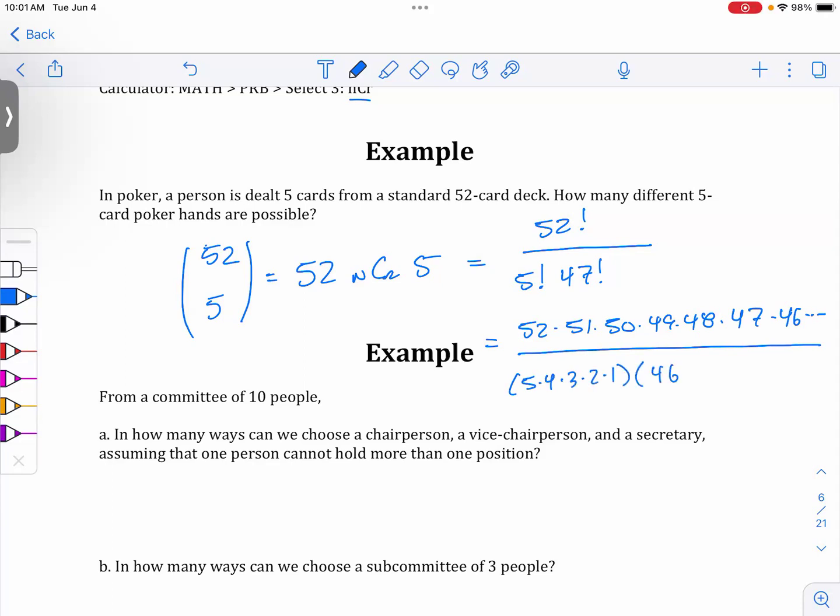And then I had 47 times 46 times 45, etc. Now, the nice part here is that notice the numerator, 47, 46, etc. All those cancel with all these. So really in the numerator, you only have 52 times 51 times 50 times 49 times 48 divided by 5 times 4 times 3 times 2 times 1. So you can still do this, all right, without the nice function in your calculator.